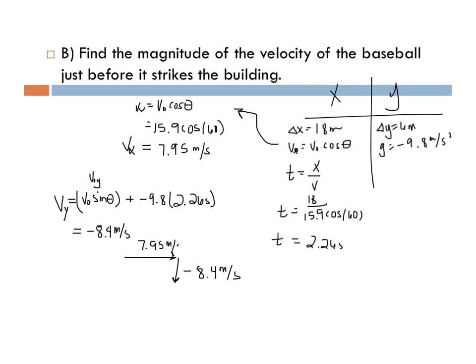So these are our components to our triangle, and what we want to solve for is the resultant. So for that, we simply use Pythagorean theorem. vx squared plus vy squared gives us 11.6 meters per second.